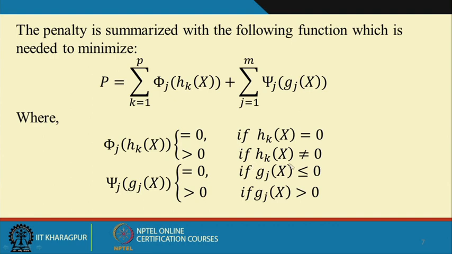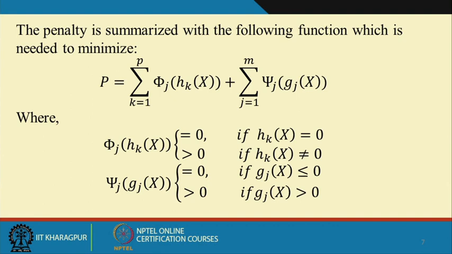And if hk(x) is not equal to 0, then phi j will be greater than 0. Why is it greater than 0? Because we have considered phi as the square of hk; whatever violation of the constraint there is on the positive side or negative side, we consider its square, so it will always be positive.